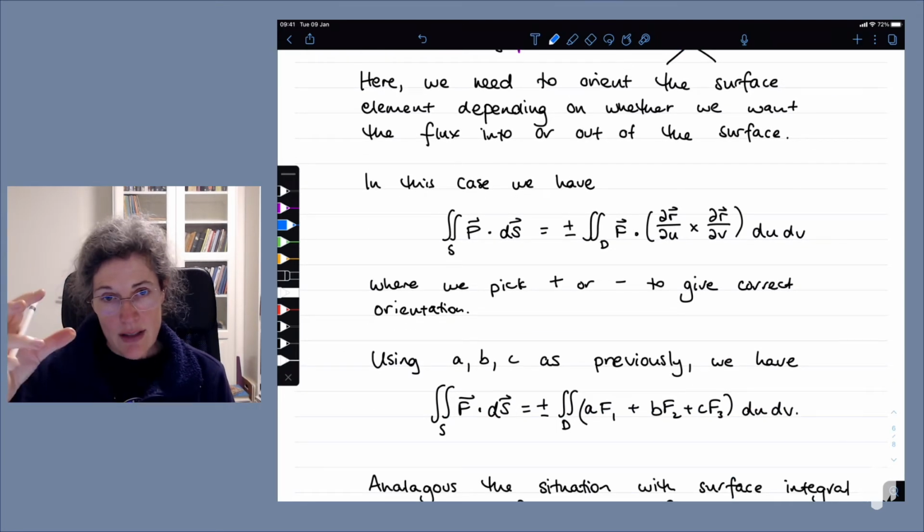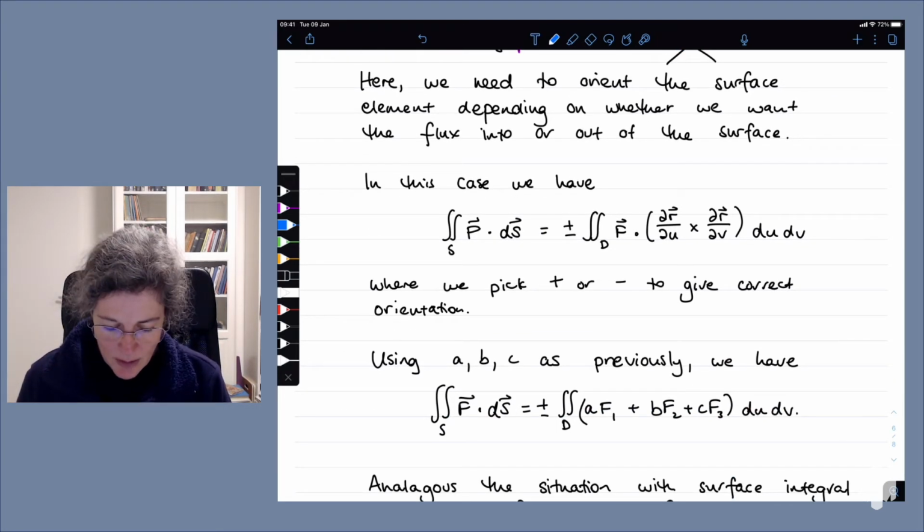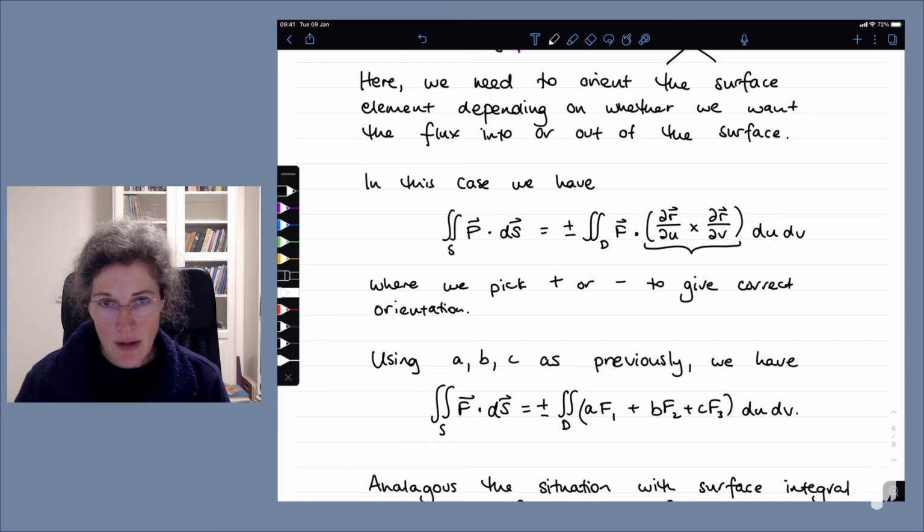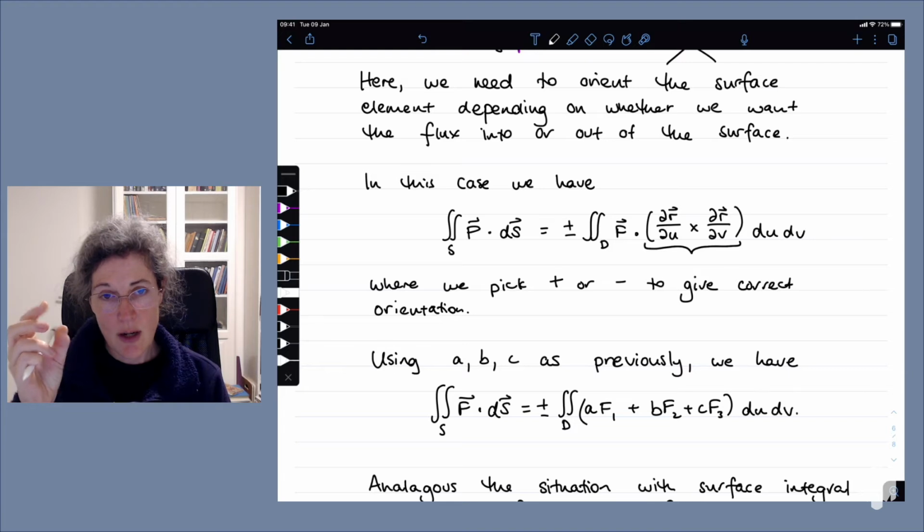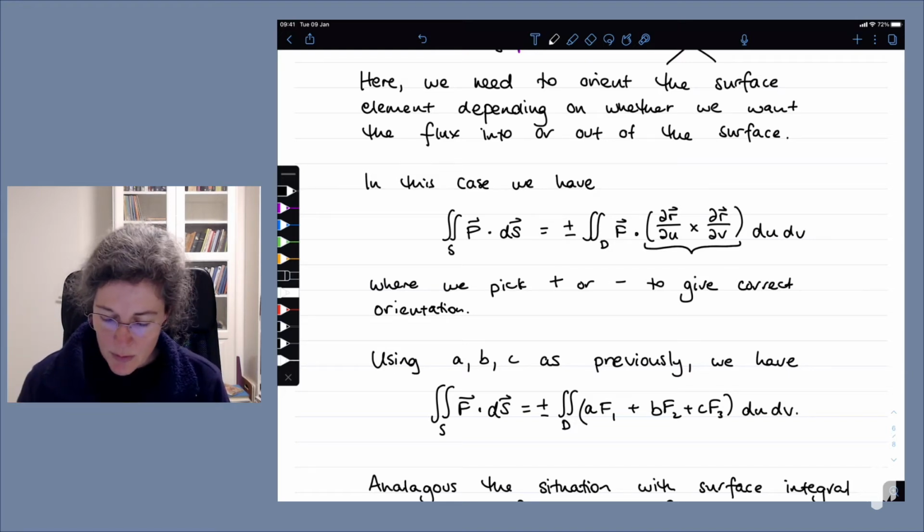So we can do exactly the same thing as we did before, and we end up with something that looks quite similar. Here, instead of having just the magnitude of the cross product, now we're actually calculating the little normal vector to our surface. So this is a little vector, and we're going to dot it with our force and integrate using du dv.